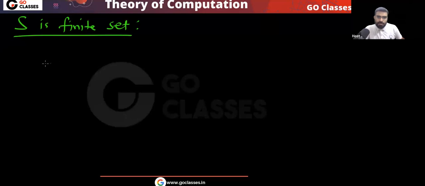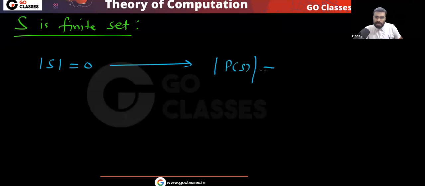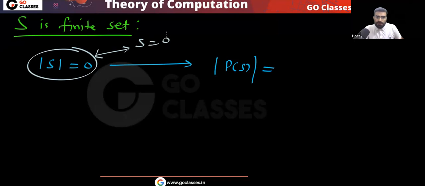Now tell me, S is a finite set, so what is the minimum cardinality possible? For example, if the cardinality of S is 0, that means S is the empty set.